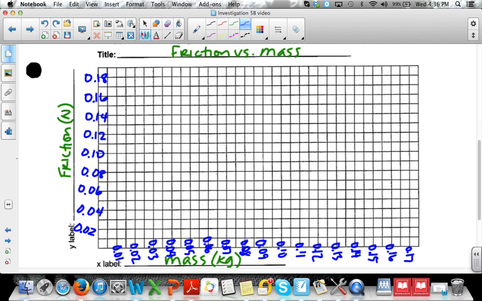So let's see, you're going to answer a couple questions because on this graph you're going to graph both the sliding friction and the rolling friction. So that's going to be your 2 different tables.